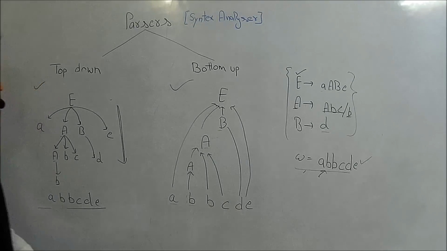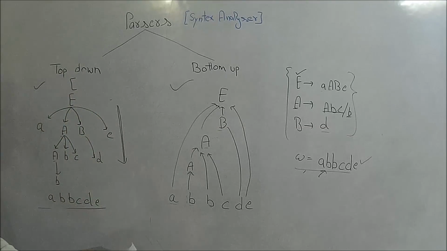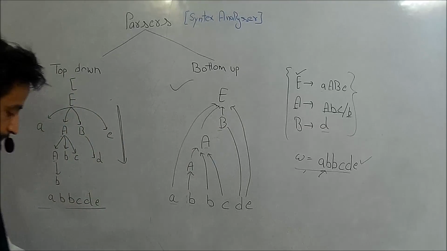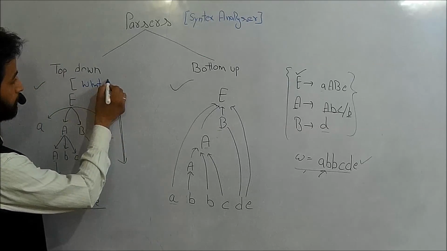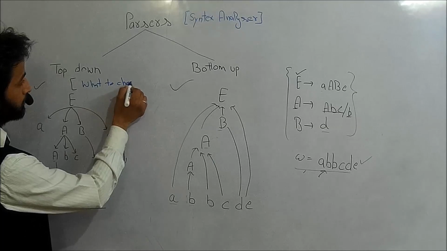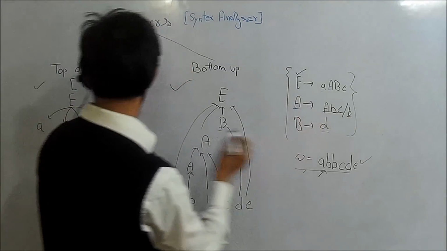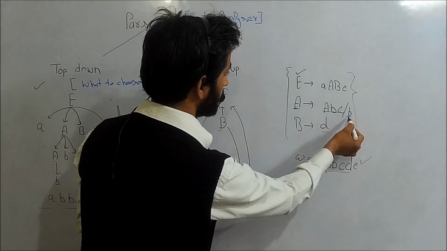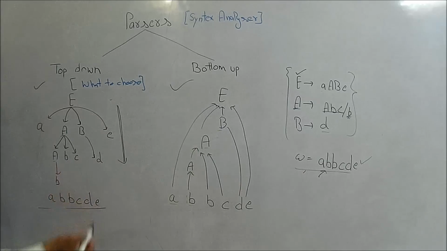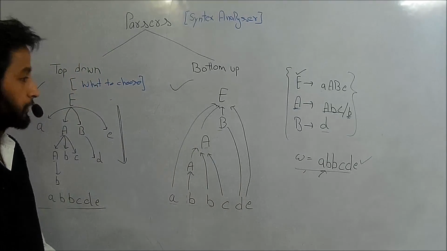One thing that I want to make clear is that in top-down I have to make a choice about what to choose. What to choose means, if I am having A, then I have the option to choose A, B, C, or I can choose D. So depending on the desired result, I have to choose what to generate.